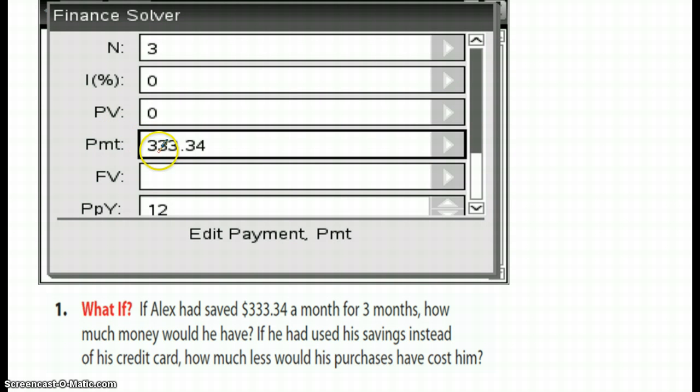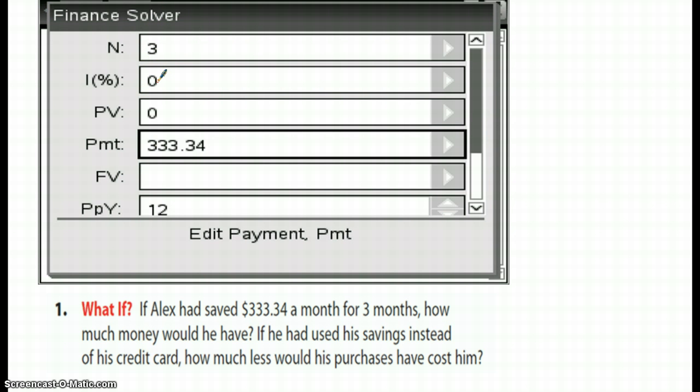Okay, so we're talking about Alex. The first question says, what if Alex had saved $333.34 for 3 months? So I brought back up my financial solver, and again, my number of months is 3. Notice no interest rate.